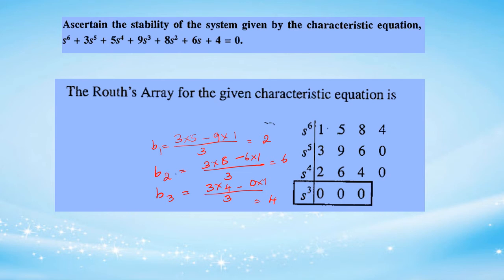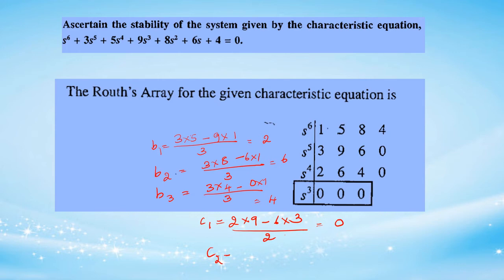For the s cube row, the values can be got as follows. C1 is (2 into 9 minus 6 into 3) divided by 2, so 18 minus 18 is equal to 0.